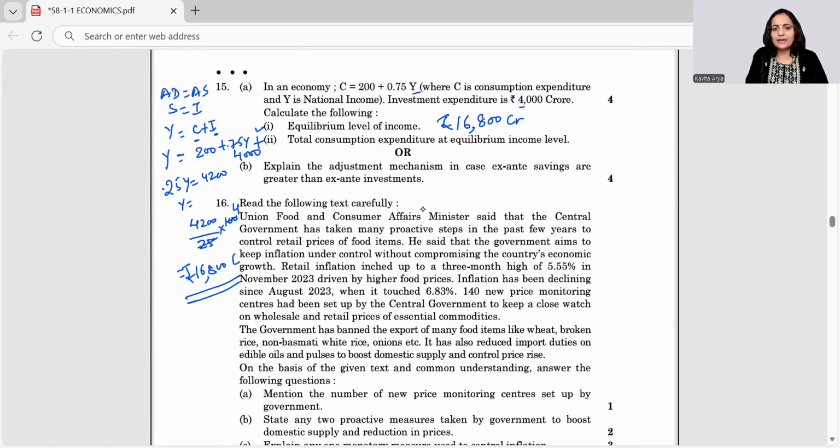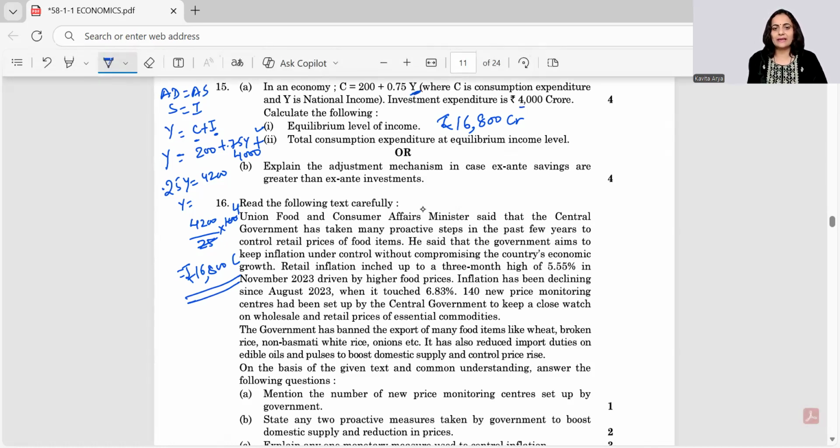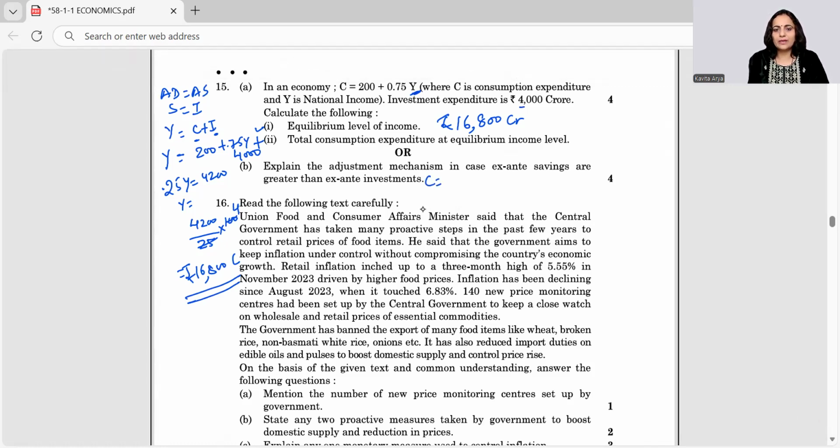Now, total consumption at this level, simple. We have to put this value of Y here in this C. So how do we go about it? C is given to be 200 plus 0.75Y, means 3 by 4 of 16,800. So let's do the calculation. It should be in brackets always. So 4 4s are 16, 4 2s are 8, 0 0.